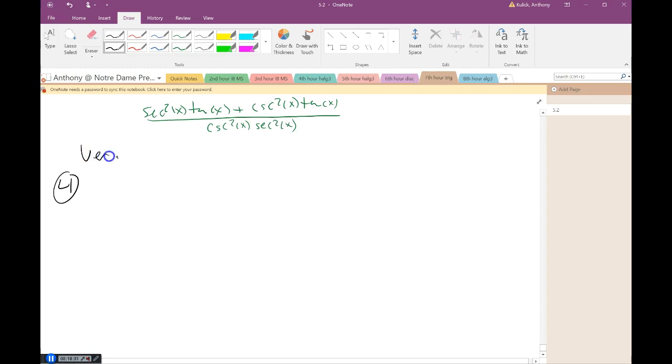So let's do some verifying stuff now. I think the verifying stuff is actually, in a sense, easier, because you know what the answer is supposed to be that you're shooting for, in a way that you don't necessarily for the simplifying ones.